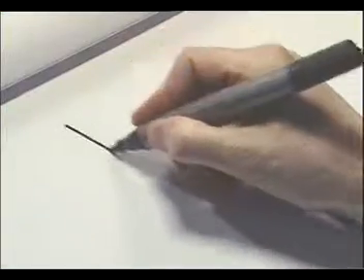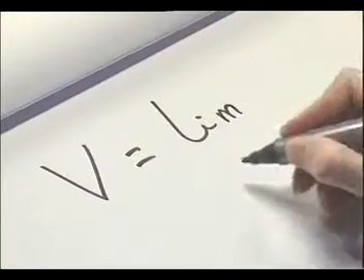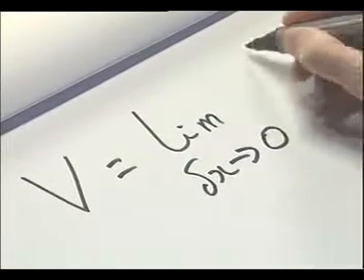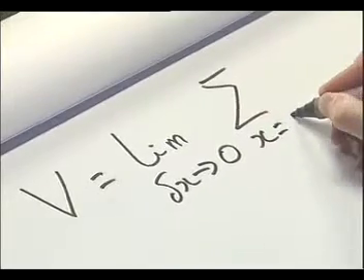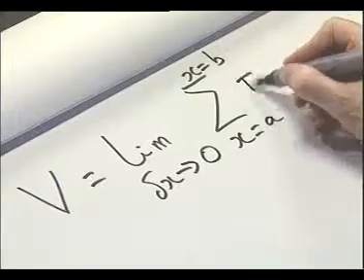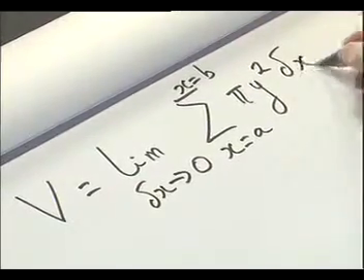So let's write this down. We want V is equal to the limit as delta x tends to 0 of this sum from x equals a to x equals b of pi y squared delta x.